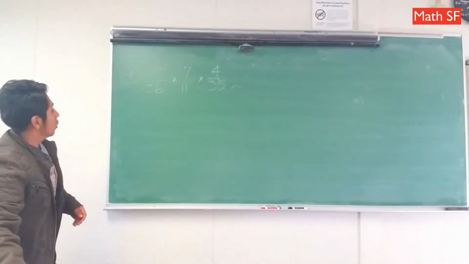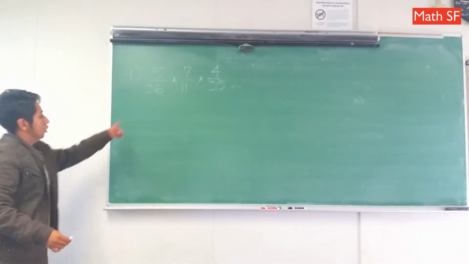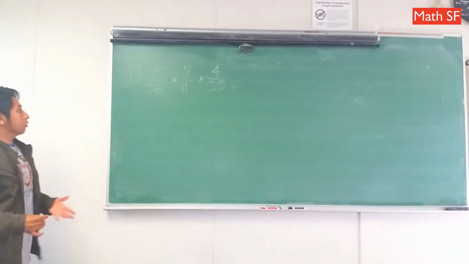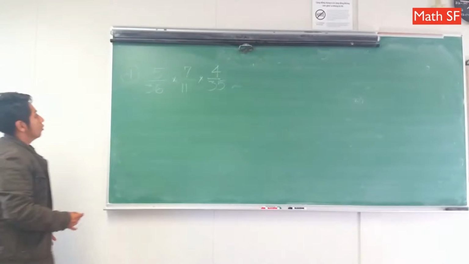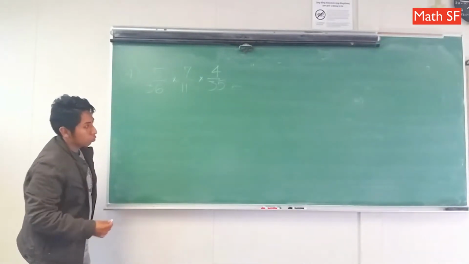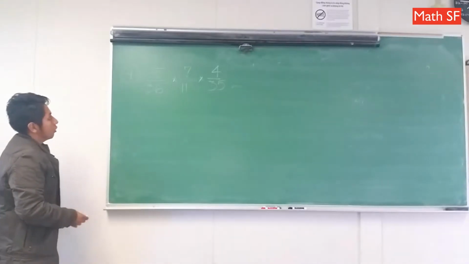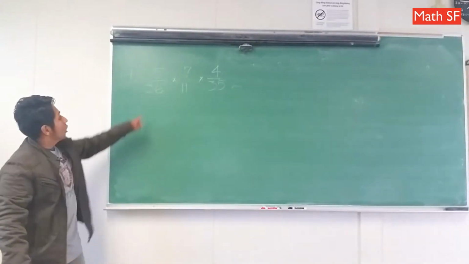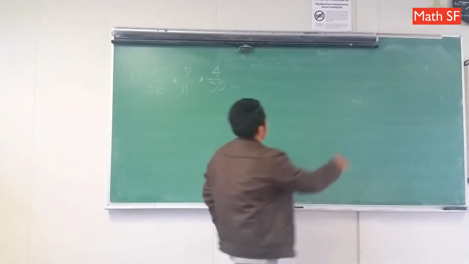Let's recall our steps. Each of them must be a fraction, and they are a fraction. Since they are a fraction, we must write each of them as a product of prime numbers. In other words, we have to factor them. The number 5 is a prime number, so you will not be able to break it down. However, the 36 is a composite number.